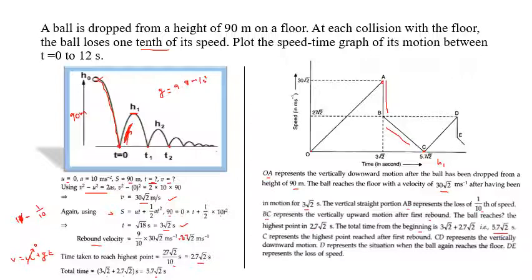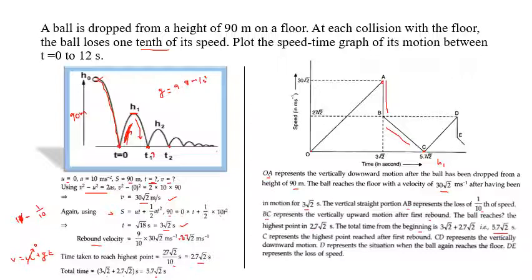So after reaching some height, it is reaching the ground again. It is moving towards the ground. So this vertically downward motion is represented by CD. And D represents the situation when the ball again reaches the floor. So this point is D.